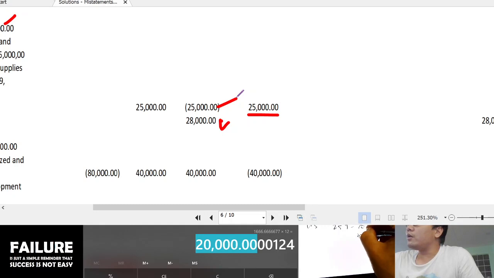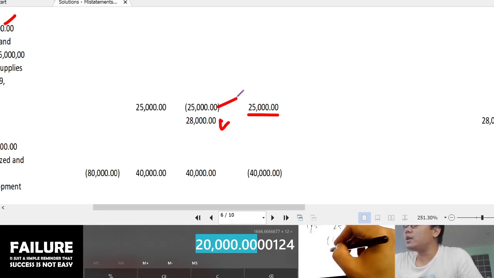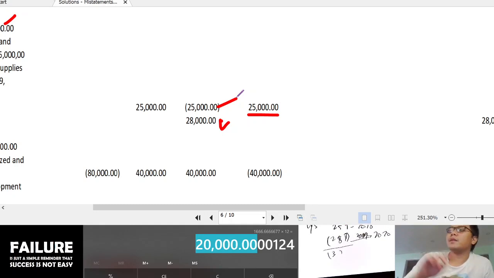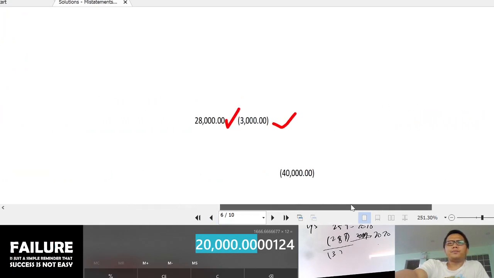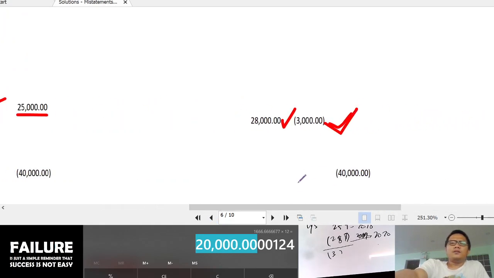For the 2019 error, sumobra naman tayo ng 28,000, di ba? Kasi yun nga, dapat itong 28,000 is i-recognize siya kailan? In 2020. Pero, recognized siya as supplies expense in 2019. So, sumobra tayo. So, the net effect of that error in unused supplies is that we have an overstatement of 3,000. Diba? We have an overstatement of 3,000. So, kaya nga, ito. Diba?